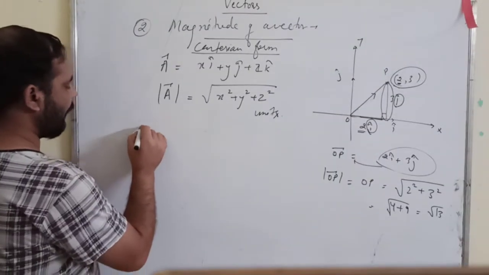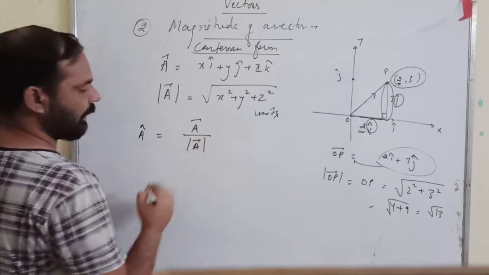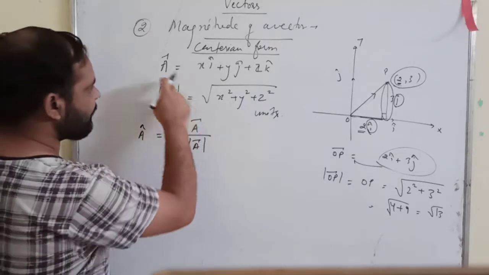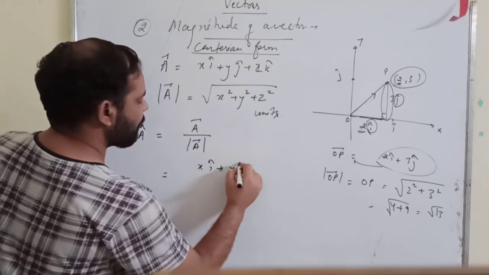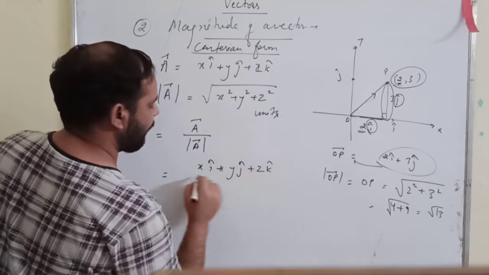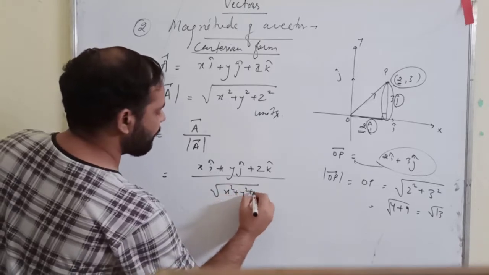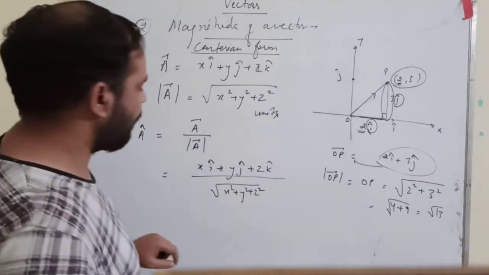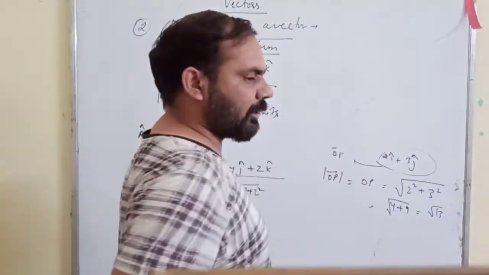Suppose I want to write a cap, it will be a vector upon magnitude of a vector. Okay, so it means that a vector is x i cap plus y j cap plus z k cap, upon under root x square plus y square plus z square. Now I can individually divide the terms.